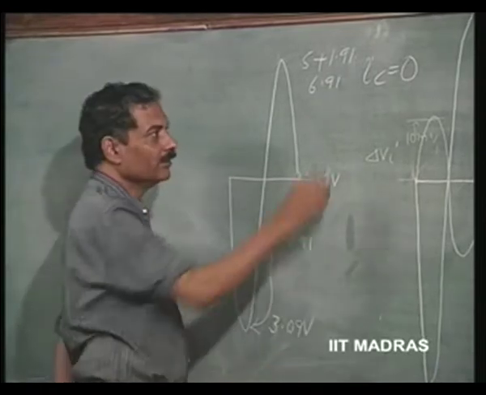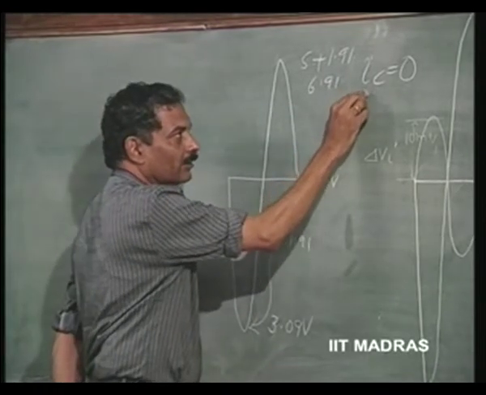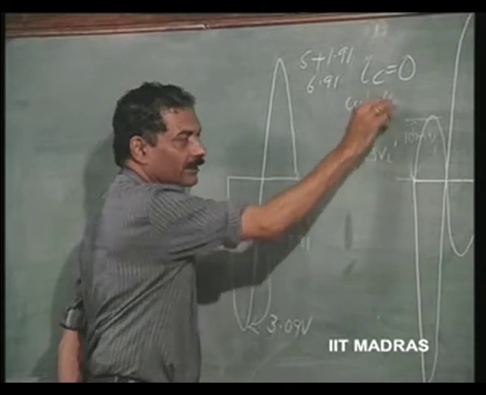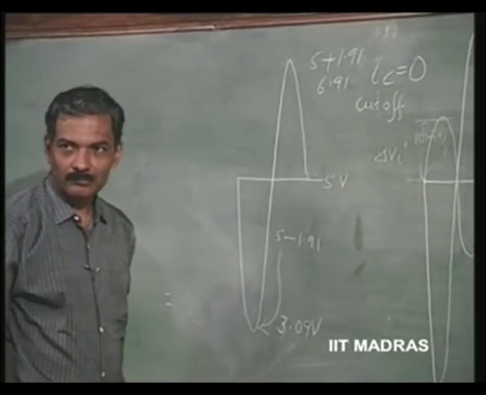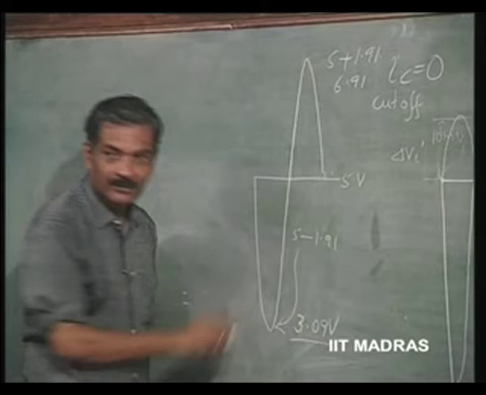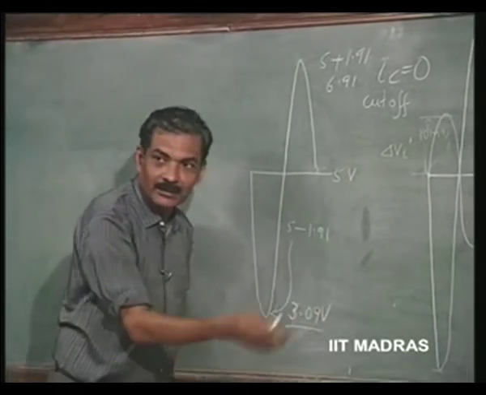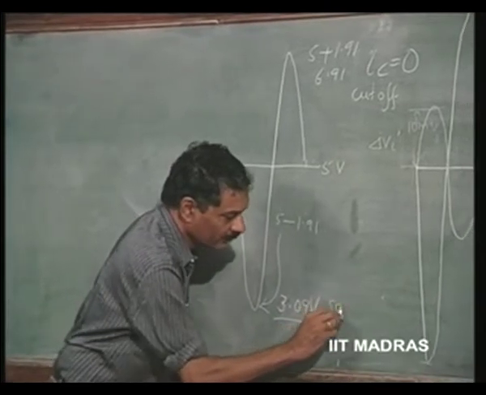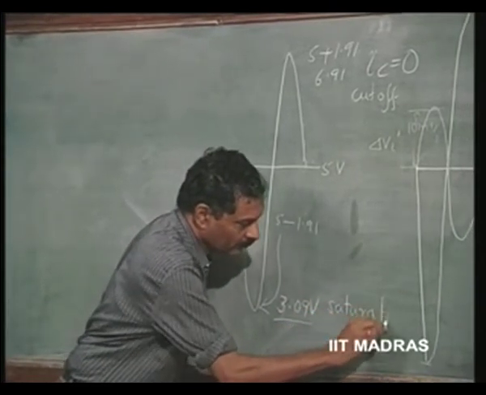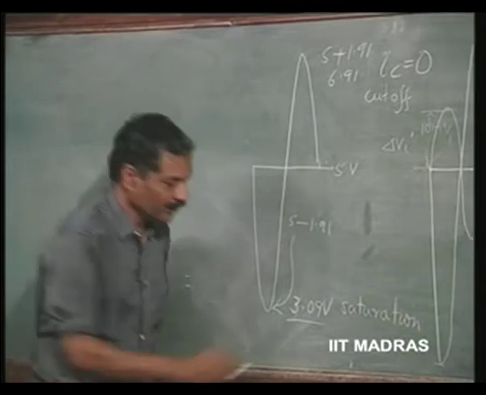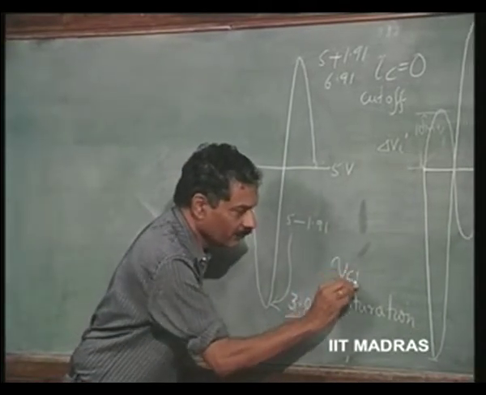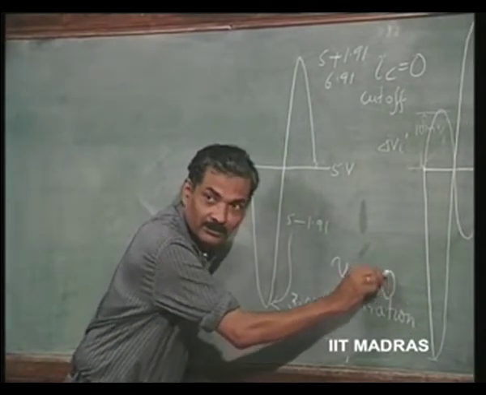That is called what? Cut off. Transistor is cut off. And here, what? This will go towards saturation. What is saturation? Instantaneous value of VCB is equal to 0.